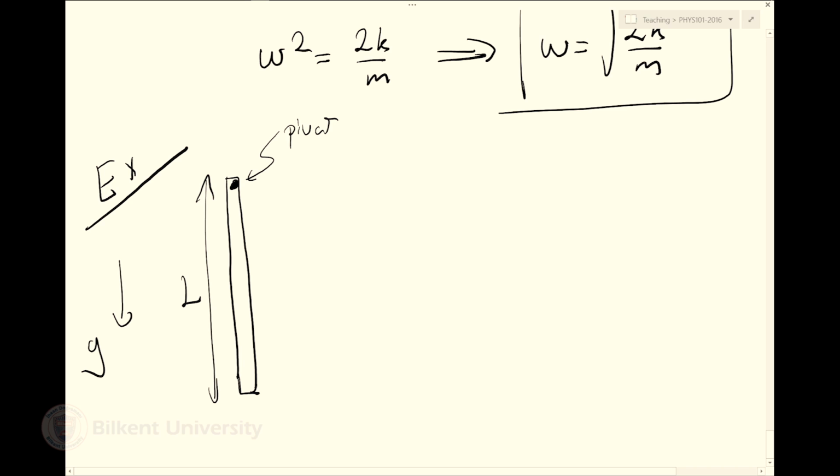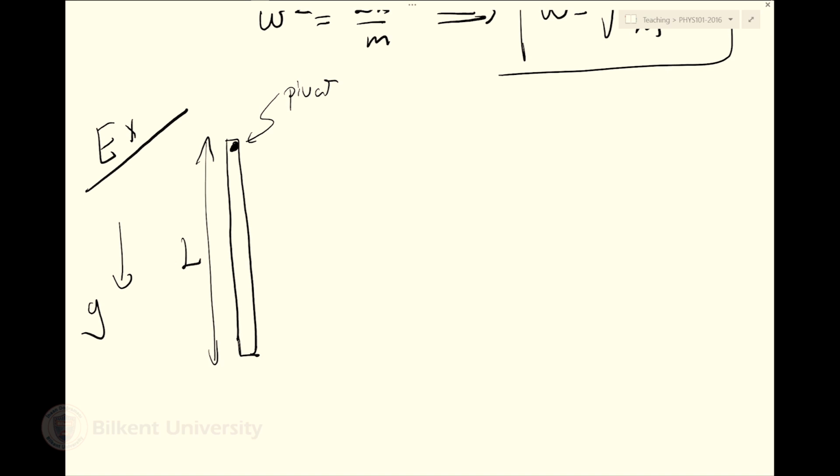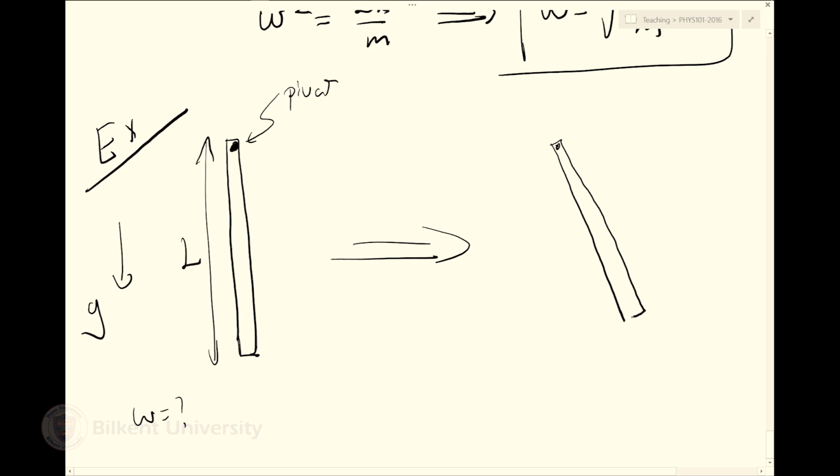Now, how do I do this? Just as usual. Don't panic. So I'm asked to find omega. Let's look at just any situation where the rod is making an angle theta with the vertical.